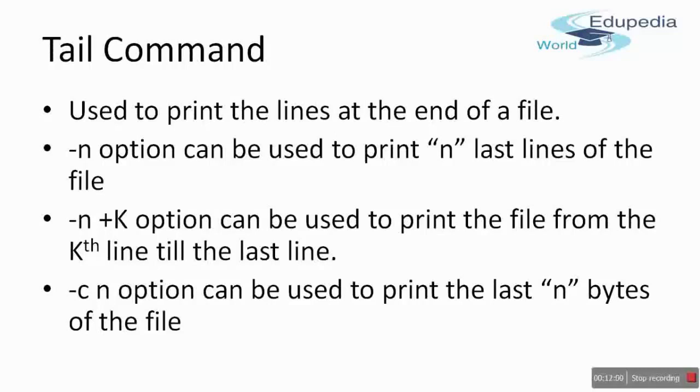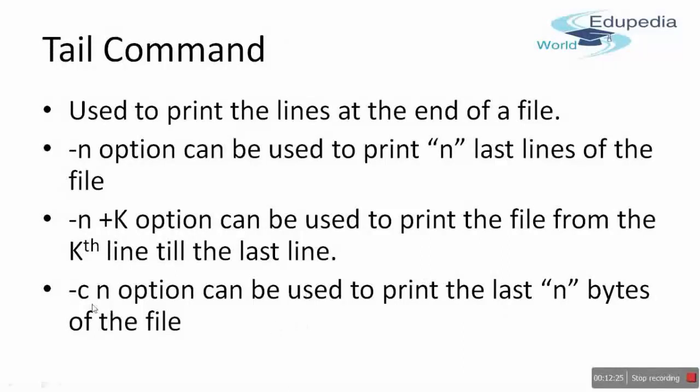In our case, suppose we want to print the last 50 lines of the file, we should give -n +950, so it will start printing at the 950th line, from the 950th line till the 1000th line. So in total it will be 51 lines. If you want to print 50 lines, you should give -n 951.